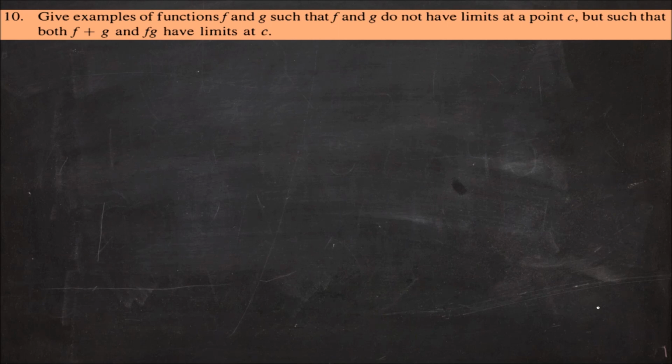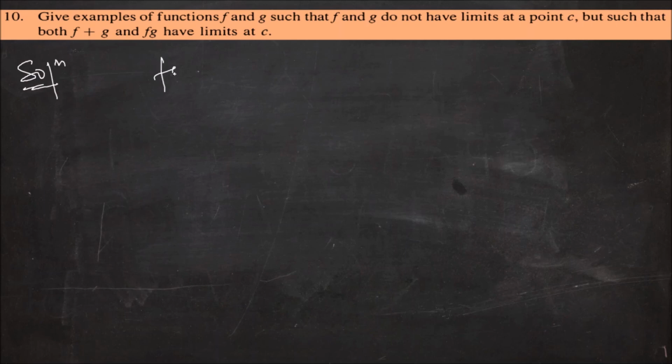Let us move to question number 10. In question number 10, we have to give examples of functions f and g such that both f and g do not have limits at a point c, but both f plus g and fg have limits at c. So let me give you one simple example.